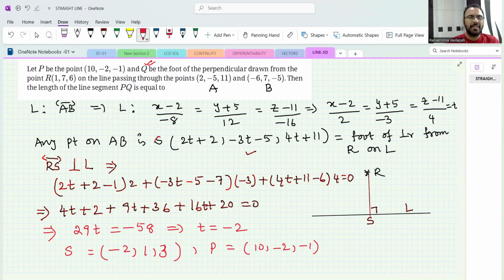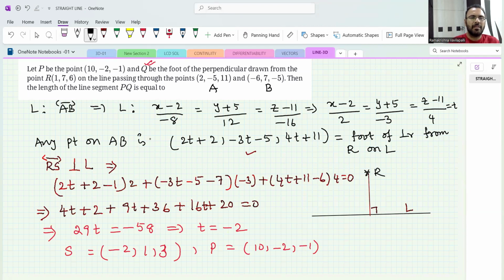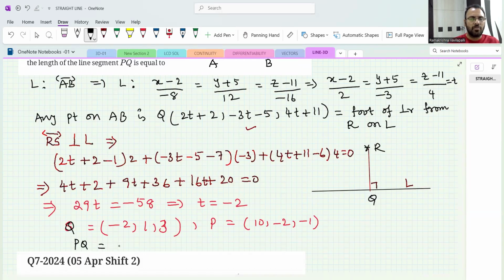So I can write this is the foot of perpendicular, so this is the point Q. And this is point P. So now it is easy to calculate PQ is equal to under root 10 plus 2 squared, 144, plus 9 plus 16, that's equal to under root 169, that's equal to 13.